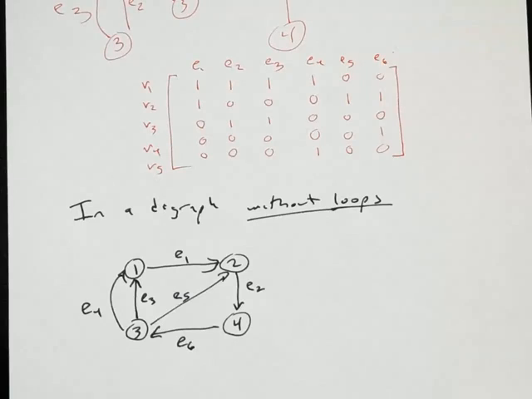This is, by the way, why we didn't bother with loops in this version. Because the easiest way to indicate out versus in is with sign. I go out from something, I'm losing. I go into something, I'm gaining. So all of my out is going to be negative, all of my in is going to be positive.